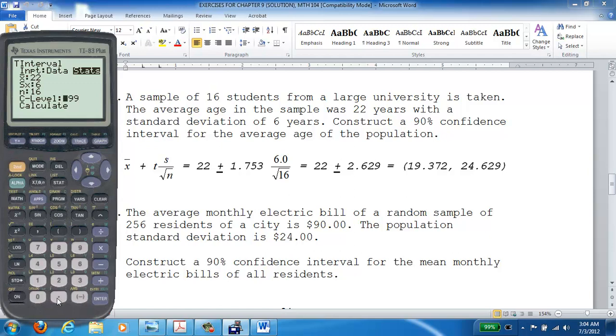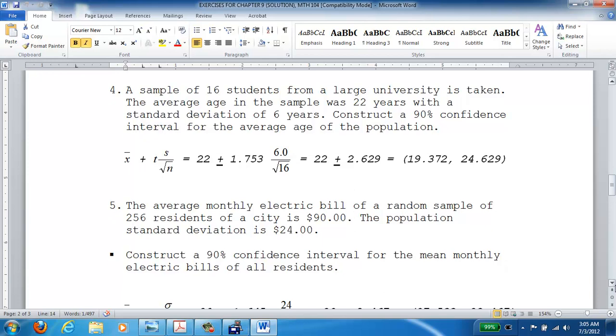It's now 0.9, 90%. And click calculate. It will be 19.372 to 24.629. One more time, don't worry if the third decimal is slightly different. This is because of the number of decimals on the table.